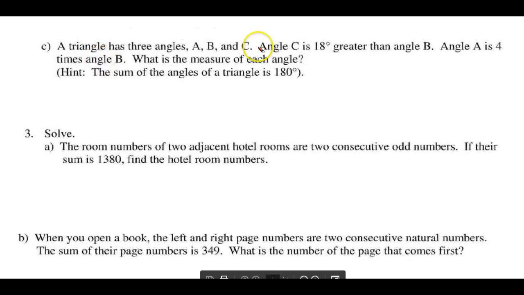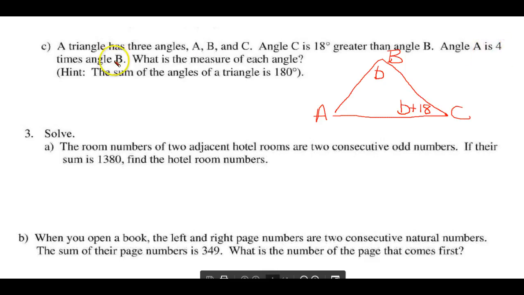Now here we have a triangle, and it may not be proportional, but we can just make a triangle. It has 3 sides, A, B, and C. Now angle C is 18 degrees greater than angle B. So we're going to call angle B just B. And C is B plus 18.